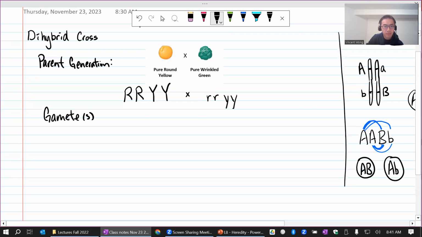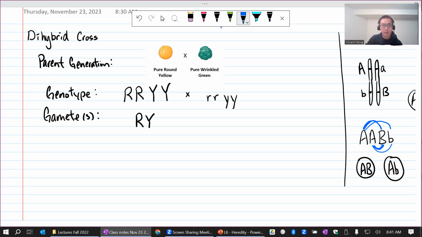These are the genotype, by the way. Genotype is a genetic makeup. So what gamete is this plant going to produce? Well, it doesn't have much choice, right? It's just a big R and a big Y. That's it, right? You can do the thing and you realize it's all the same.